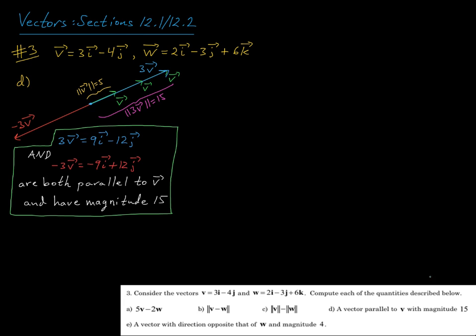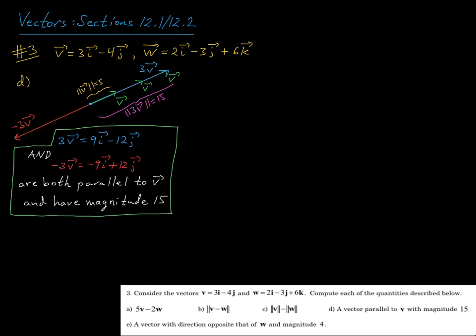Now, if it just says parallel, I could also consider negative 3v. This vector, even though it points in the direction opposite to the vector v, is still considered parallel to the vector v. It does not say it has to have the same direction as v. So more generally speaking, two vectors are parallel provided their directions lie along the line spanned by any one of the vectors.